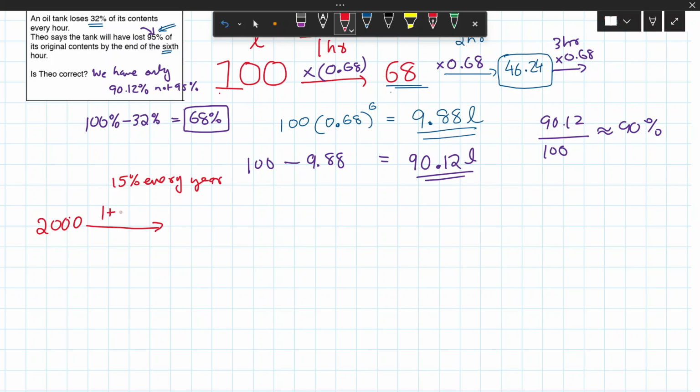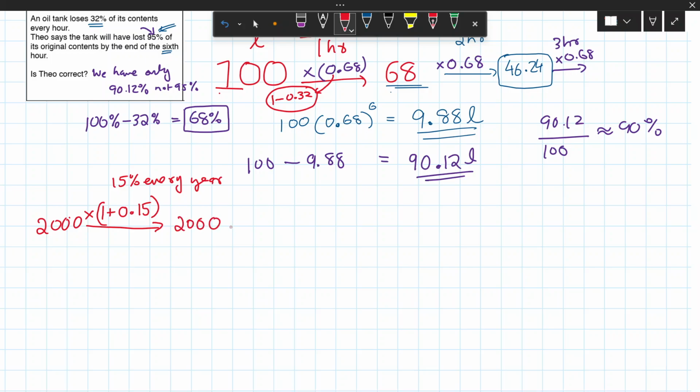It's not one takeaway. One takeaway was how I got the 0.68, because we did 1 minus 0.32, losing 32%. This time I'm increasing, so it will be 1 plus 0.15, because my population is increasing. And I'm not adding 15%, I would be timesing this.